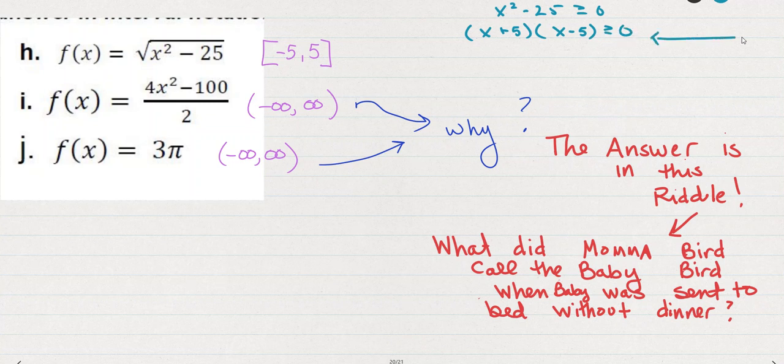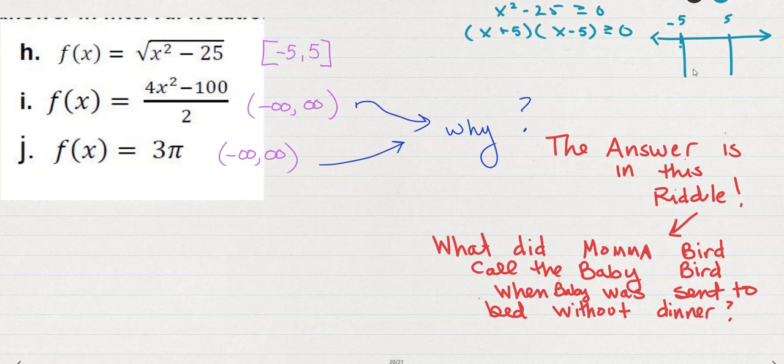And then we look at the number line. We put down our -5 and our 5 on the number line. And it's okay for when x equals -5, because then we have a 0. The square root of 0 is just 0. Or when x equals 5. So we're going to have solid lines there.